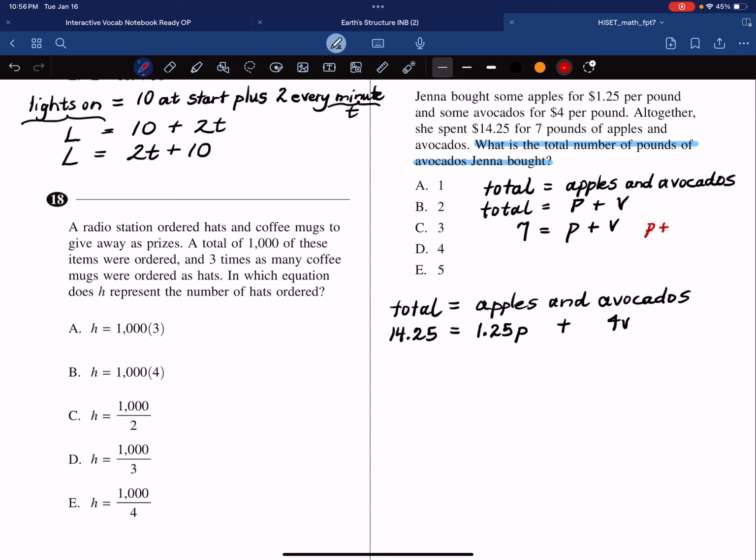We know that P plus V is 7. So if I move the apples over to this side, I can then plug in that letter V. Actually, I did it the wrong way. I'm sorry. I want to solve for the apples.